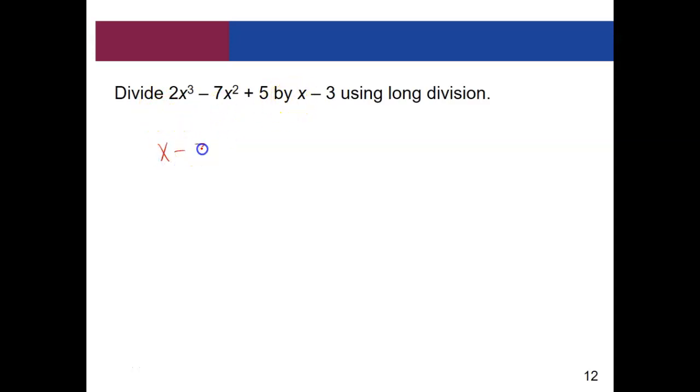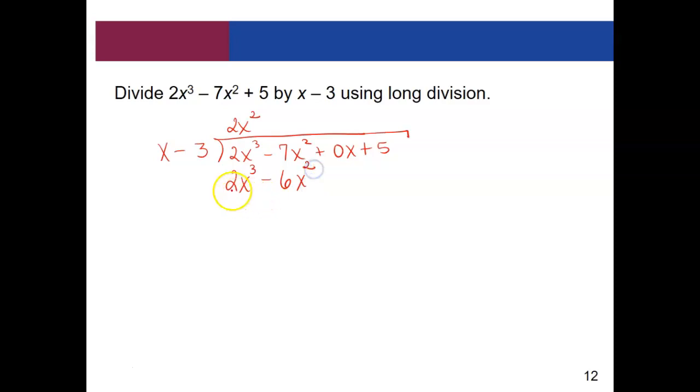So here I'm going to divide x minus 3 into 2x to the third minus 7x squared plus 0x plus 5. And I will say the number one mistake I see people make is forgetting to put their placeholders. Okay, so if I multiply x by 2x squared, then it's going to give me my 2x to the third. And then 2x squared times 3 will be negative 6x squared.